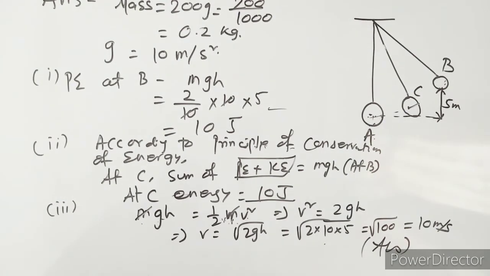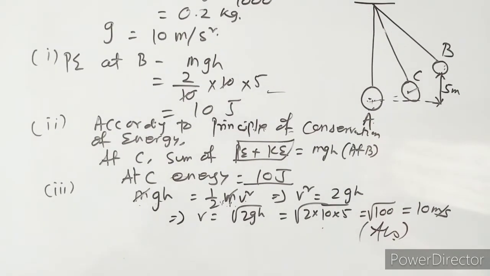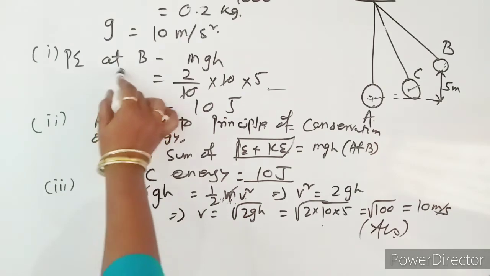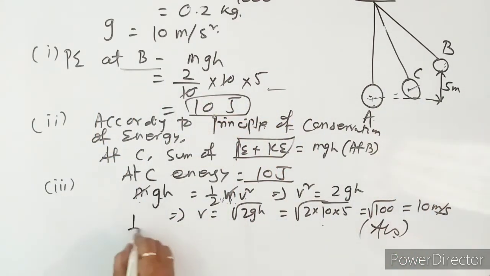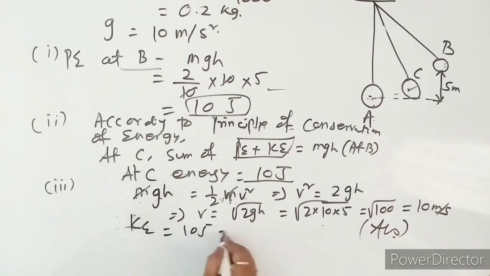So we can represent it like this also. Here we are getting at B 10 joule. So we can write K equals 10 joule equals half mv square. This way also we can find out.